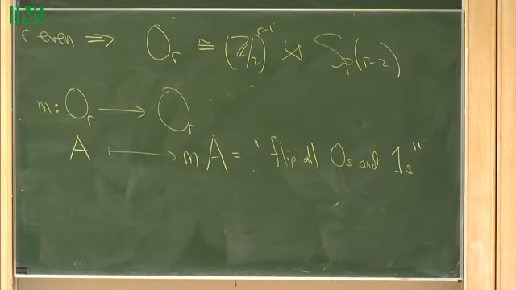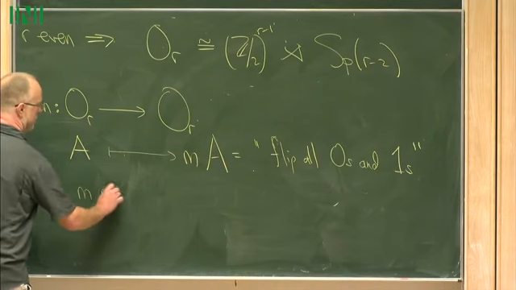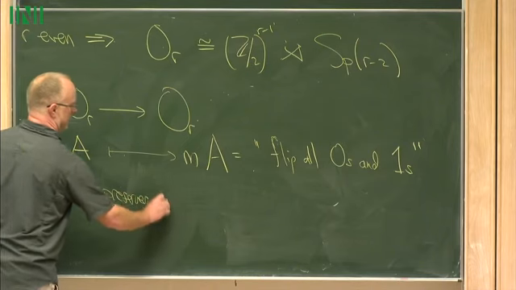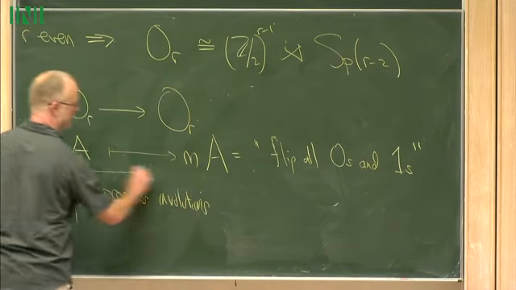Totally weird thing to do, right? This is not a homomorphism. It's sort of remarkable that it preserves orthogonal matrices, but you can check that it does. And it only does it in this case when R is even. The other miracle is that it also preserves involutions. It's not hard to check, but it's surprising.